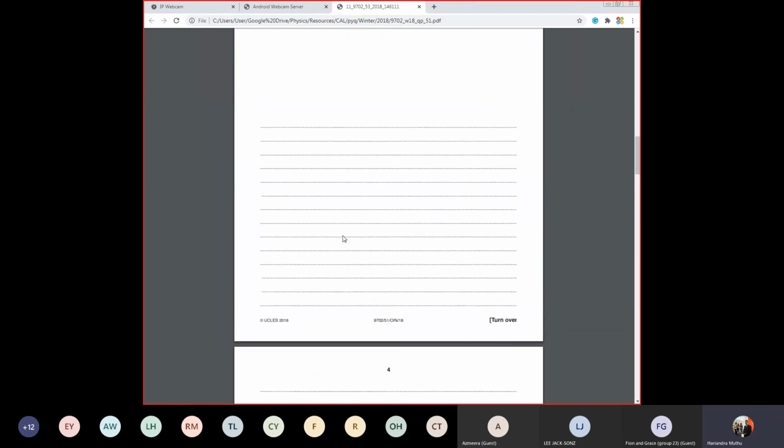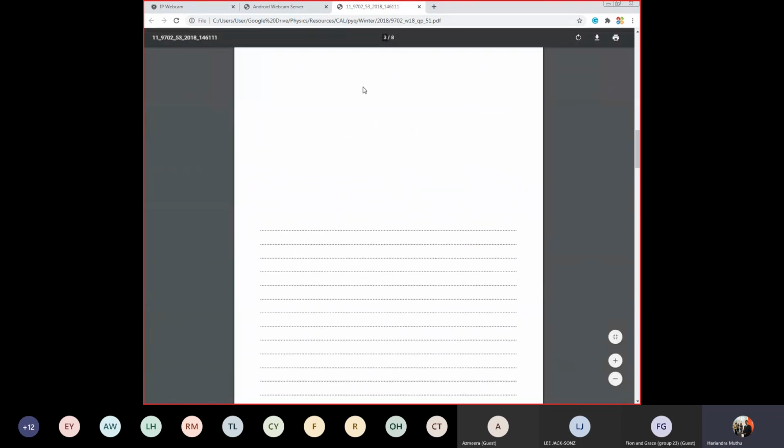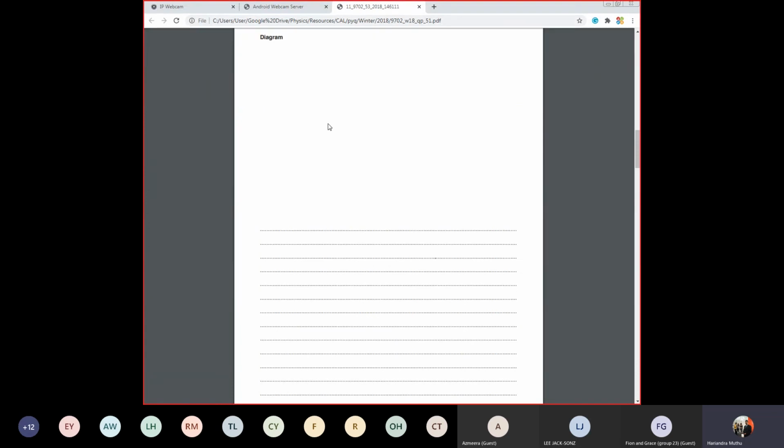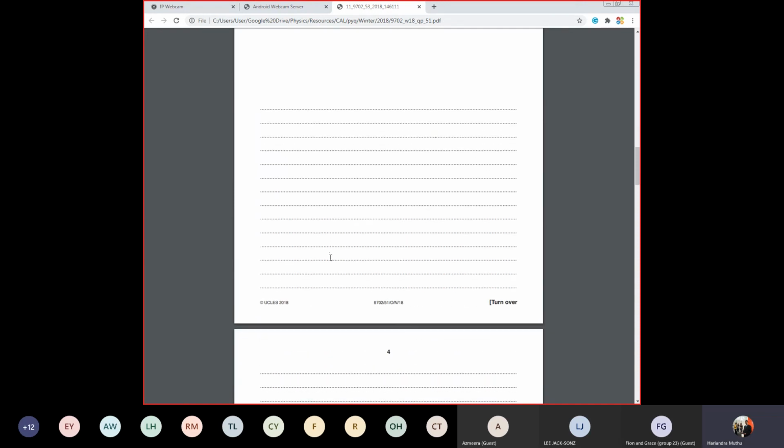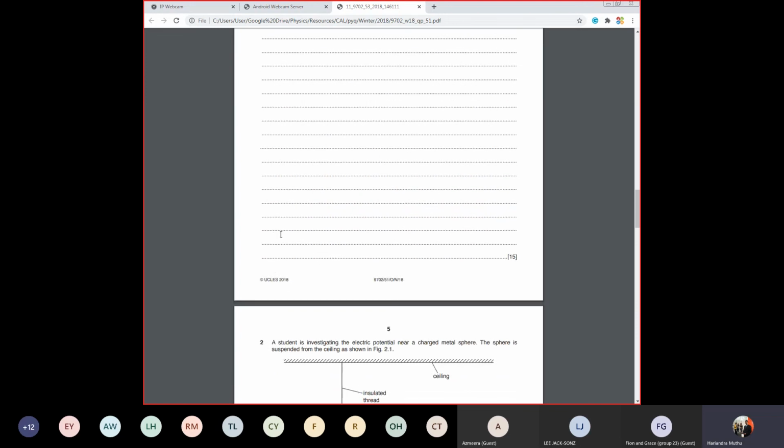Now once you have done all these, then you start to draw the diagram. Okay, when you start to draw the diagram after you wrote all the points, make sure you have 1 or 2 lines here left out. If no, it's okay, never mind.